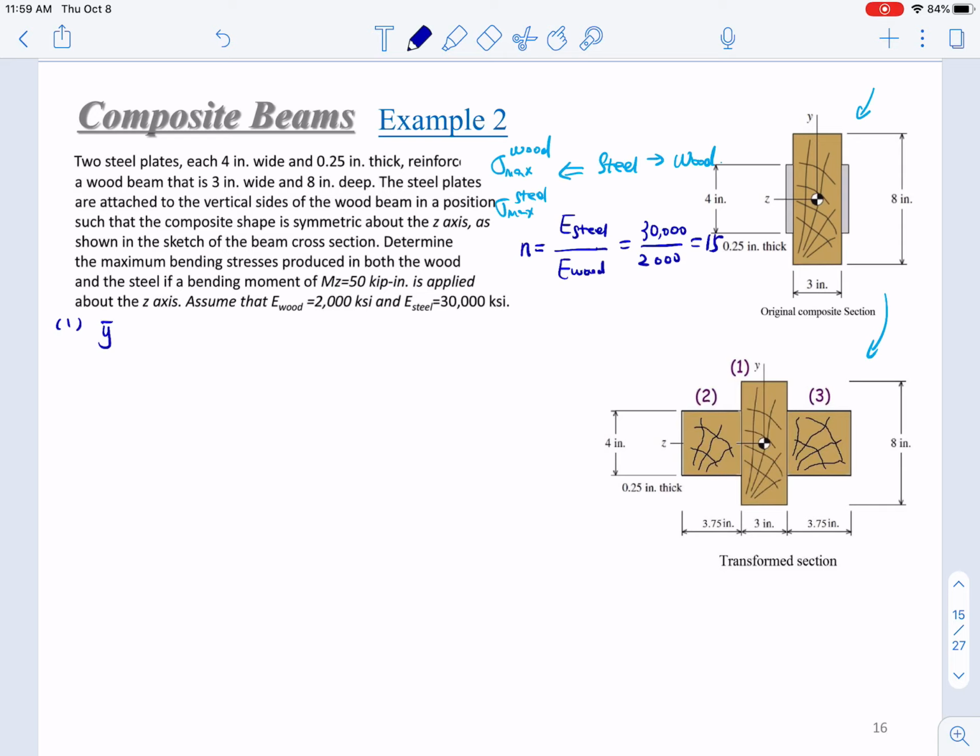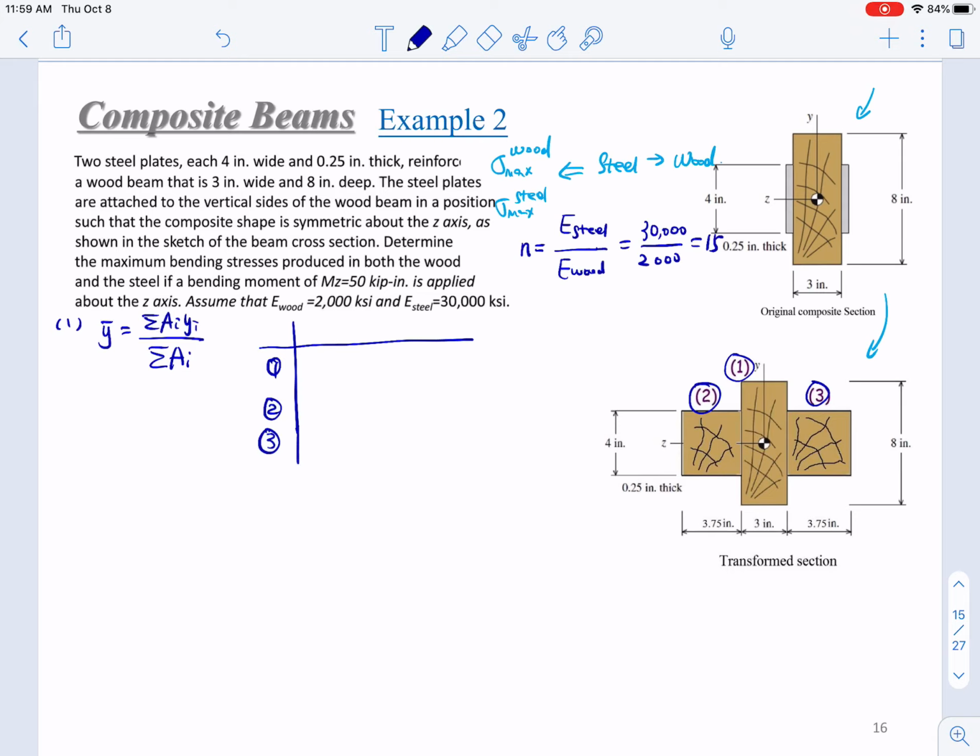Use the equation and the table: y bar equals sum of AiYi over sum of Ai. And here we have three areas as denoted: area 1, area 2, area 3, so the table has rows 1, 2, 3.